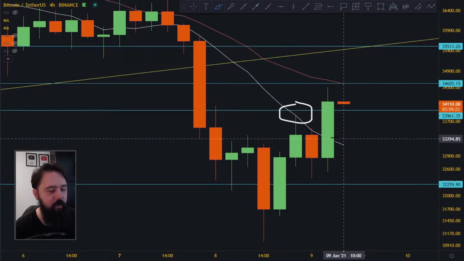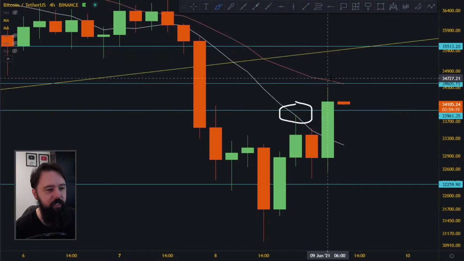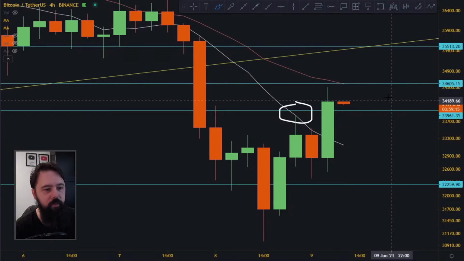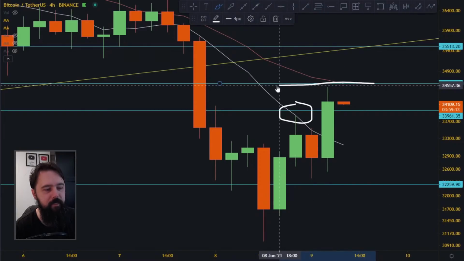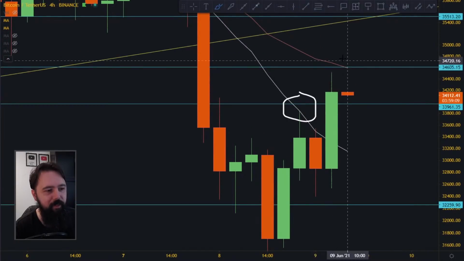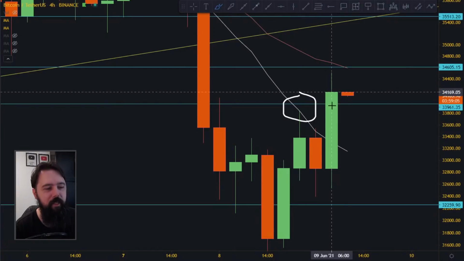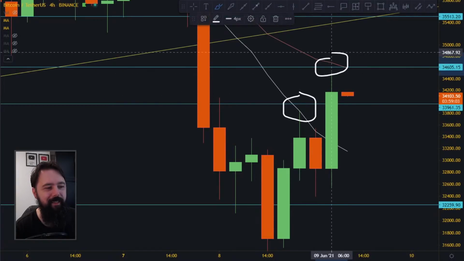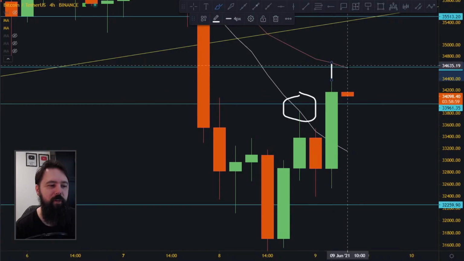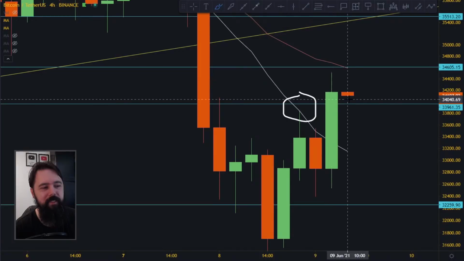This week went to the moving average, but this week didn't go all the way to the moving average, nor did it hit this resistance line down here. We got close, but not on the dollar, right? So I'm looking at that like some kind of bearish signal, because if bulls are not able to push the price all the way up to the 20, there is some kind of selling pressure over here.